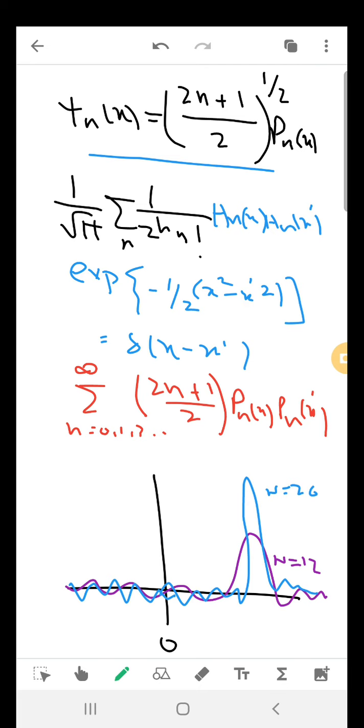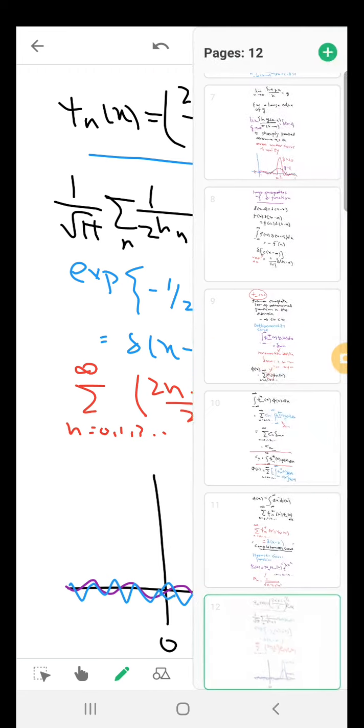Now this Dirac delta function is actually a distribution. Another property of the delta function is that it is actually a distribution function.